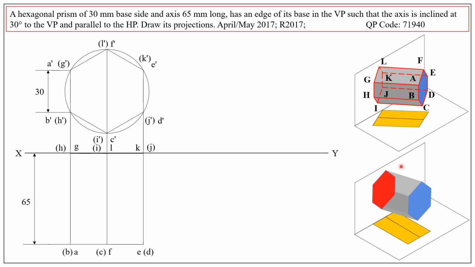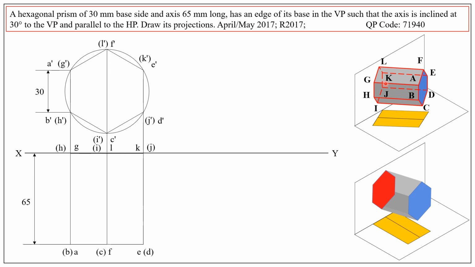When we do so, only the invisible edge JK touches the vertical plane, and that line JK, or the edge JK, is touching VP.